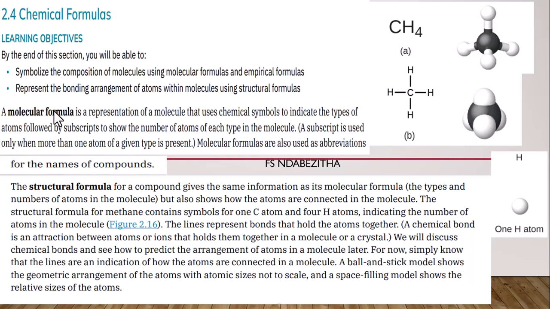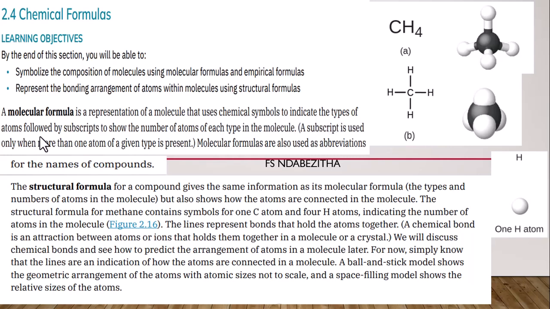Very important. So this molecular formula represents a molecule because you have more than one atom bonded together in a fixed ratio, and this uses chemical symbols to indicate the types of atoms.